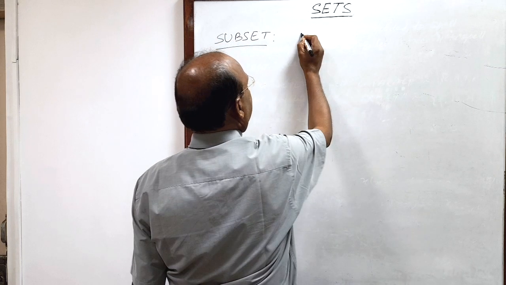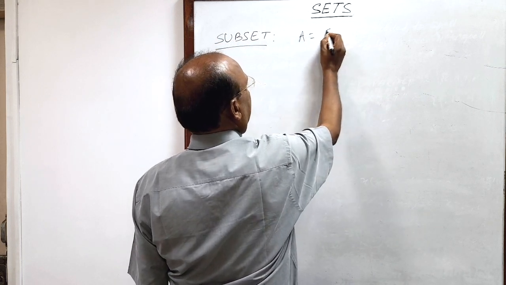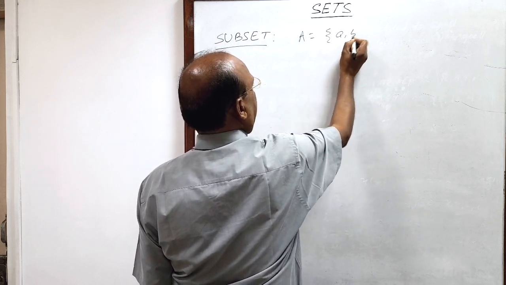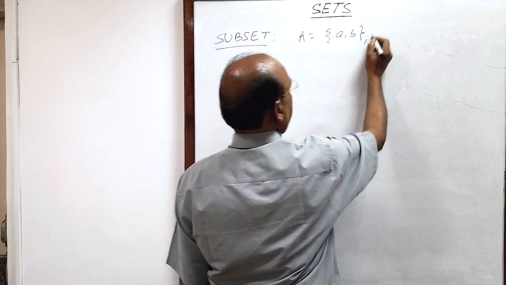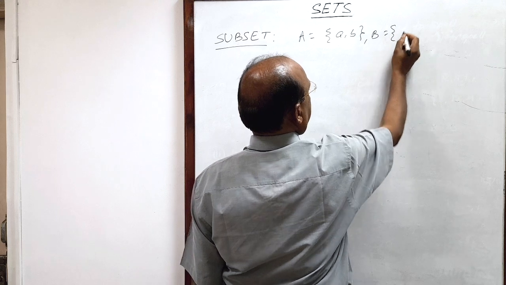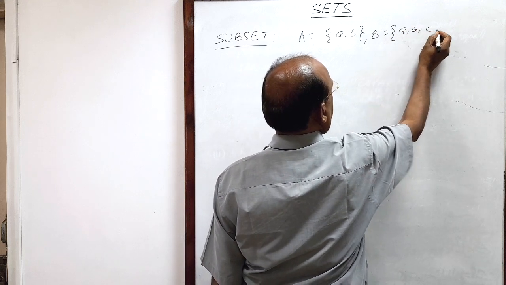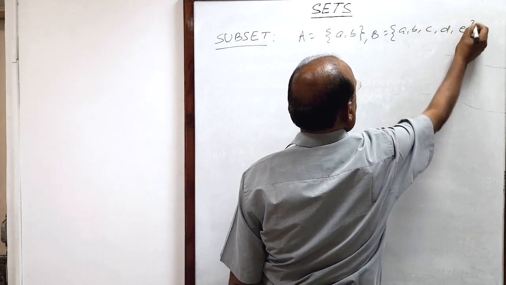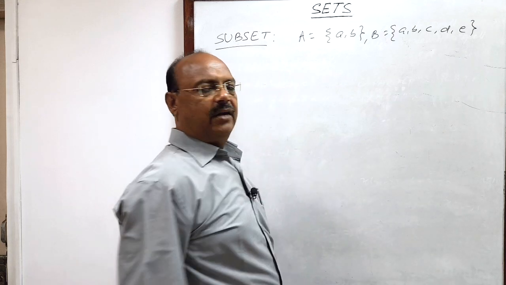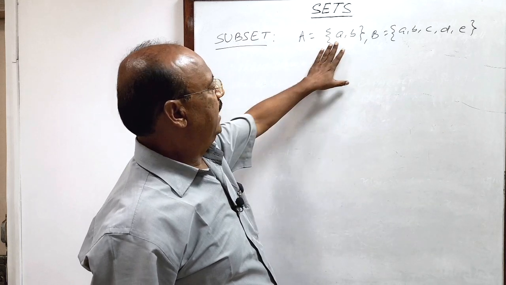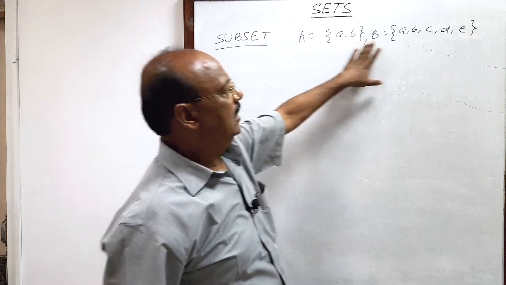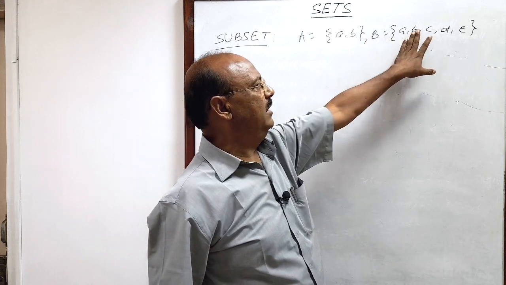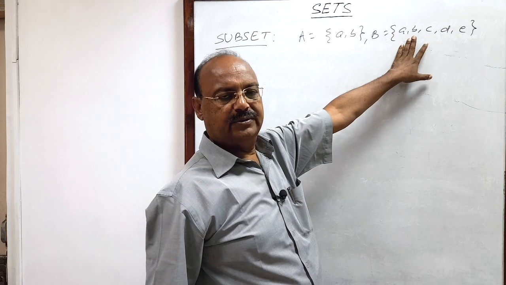Suppose set A is having elements a and b, and set B is having elements a, b, c, d and e. Here we observe that elements of set A, a and b, both the elements are available in set B also.